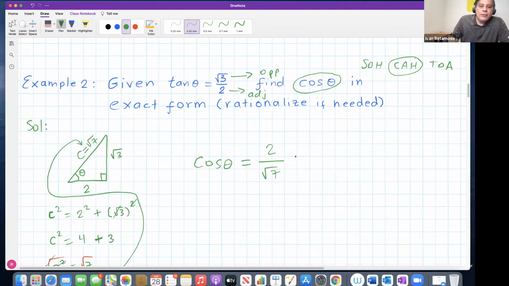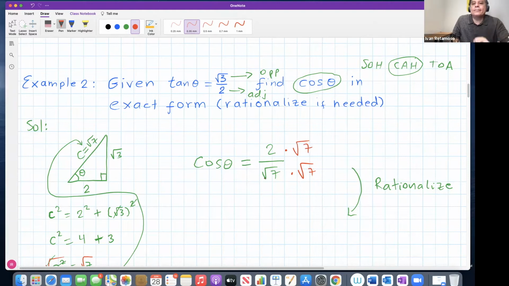However, often mathematicians may want you to rationalize this. Rationalize. Remember, the technique to rationalize this is to multiply top and bottom by the square root that appears on the denominator, right?